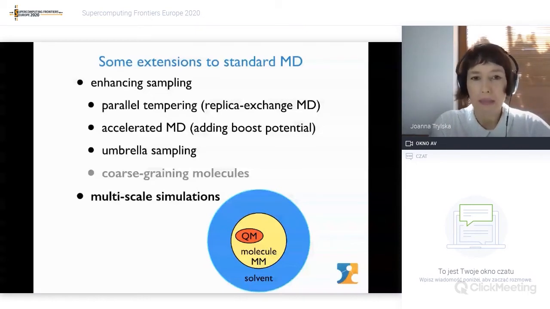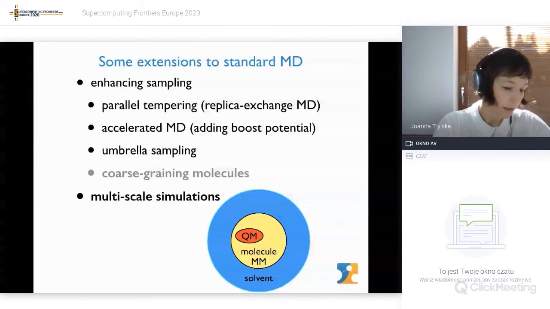So there are many methods that enhance this sampling, and I would like to focus on one which is quite intuitive. We do not have to represent a molecule in all-atom description, but we can represent it in a reduced representation, so-called coarse grain.